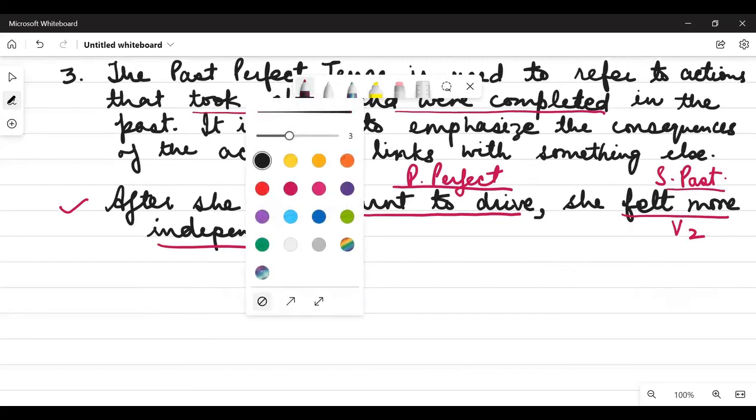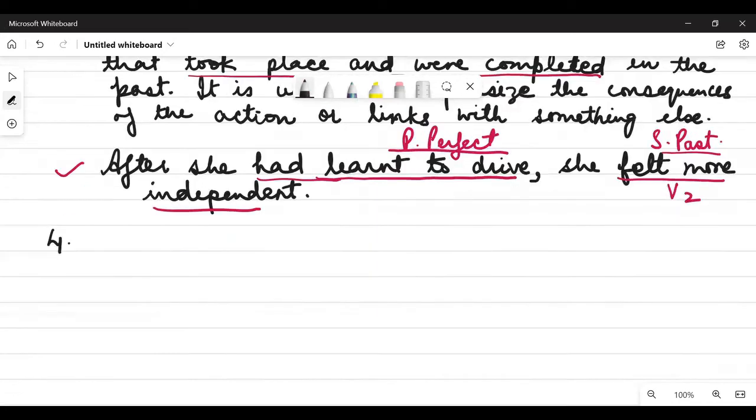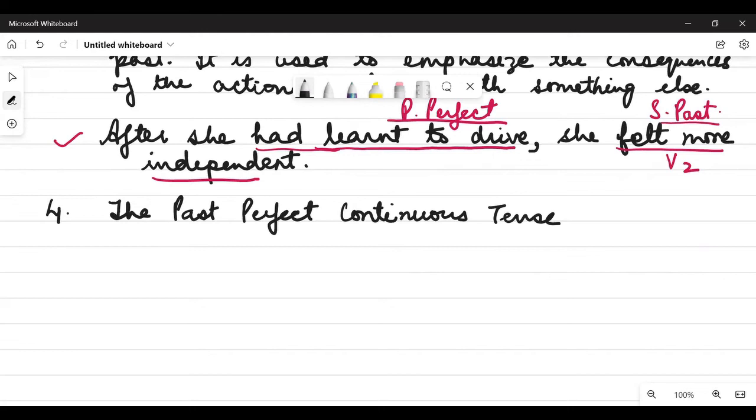All right. Now, the last but not the least is the past perfect continuous tense.